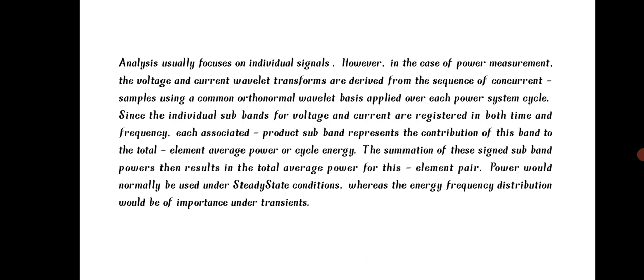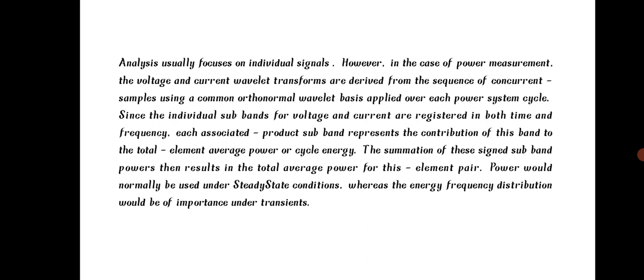Since the individual subbands for the voltage and current are registered in both time and frequency, each associated product subband represents the contribution of this band to the total element average power or cycle energy. The summation of these signed subband powers then results in the total average power for this element pair.